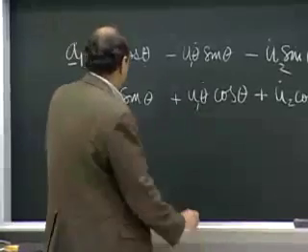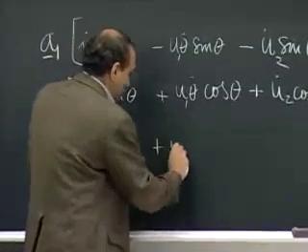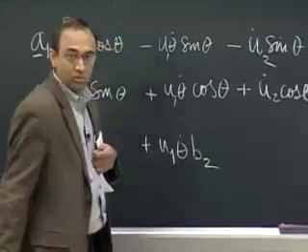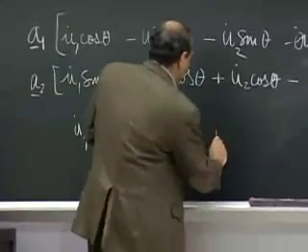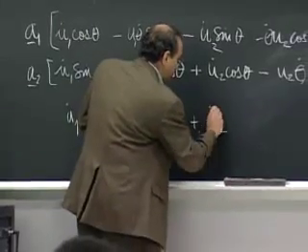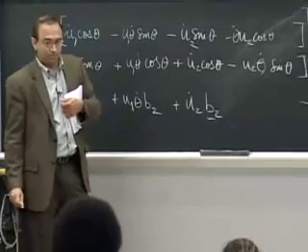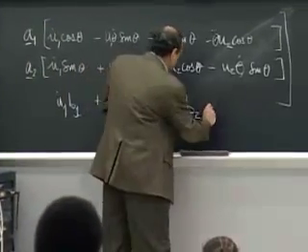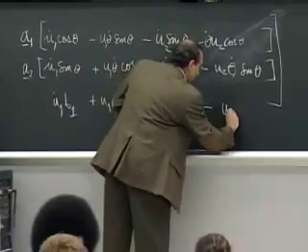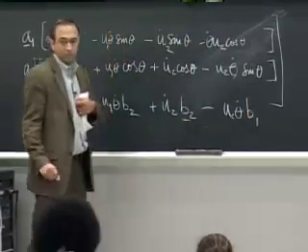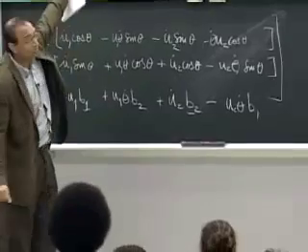This is B2 plus U1 theta dot B2 plus U2 dot B2, minus or plus? Okay, so that's the left-hand side up there.